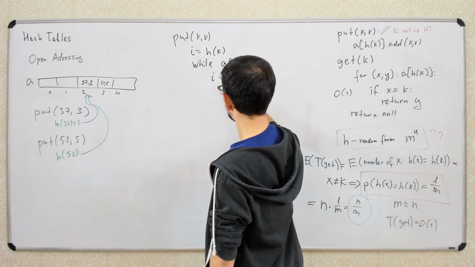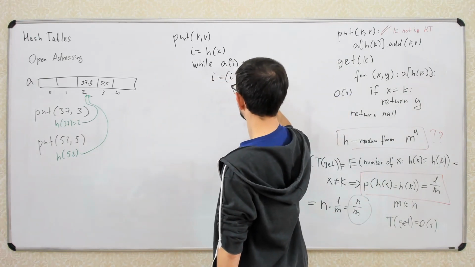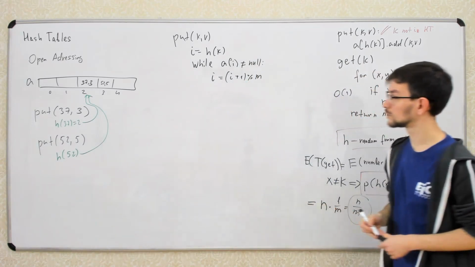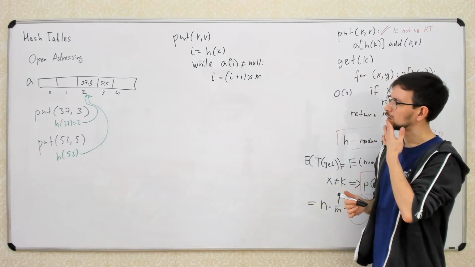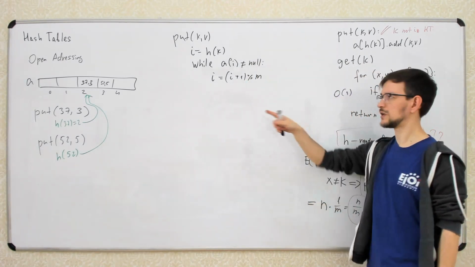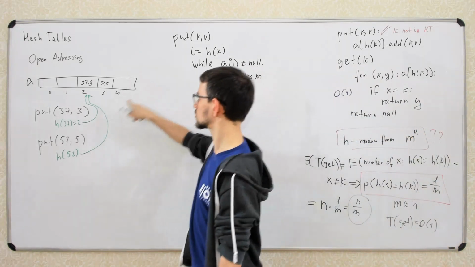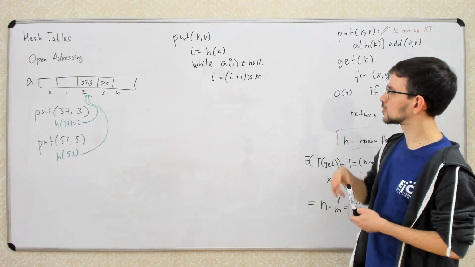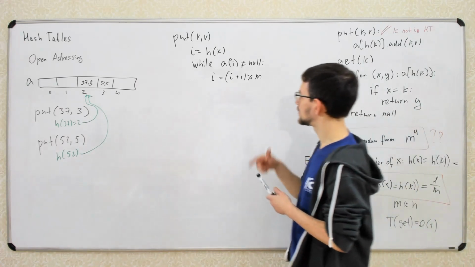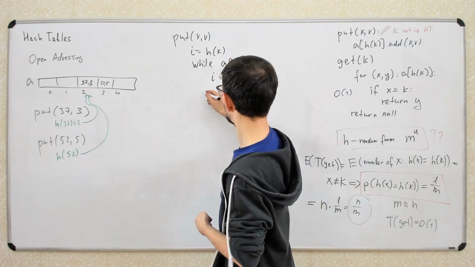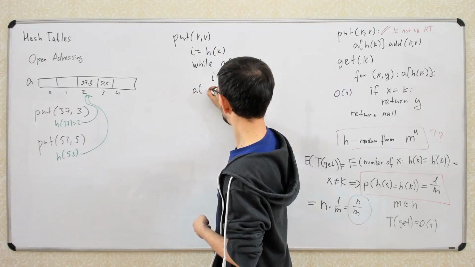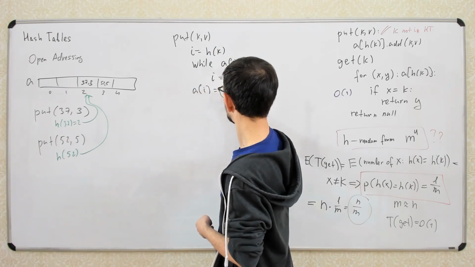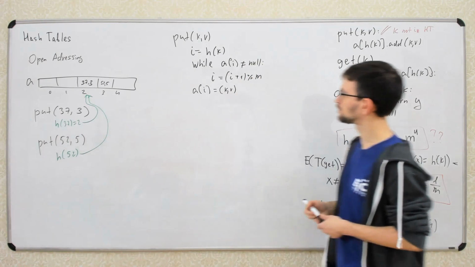So we say i equal to (i + 1) modulo n. Just make the cyclic array, right? So when you reach the right border, you just start from the beginning. So you find the nearest empty cell and just put your pair in this empty cell. Like this.